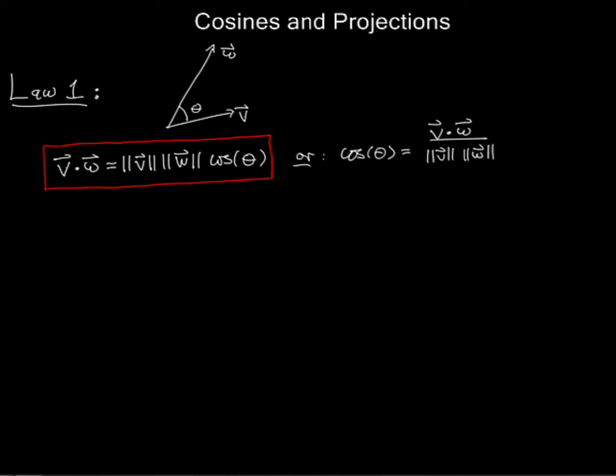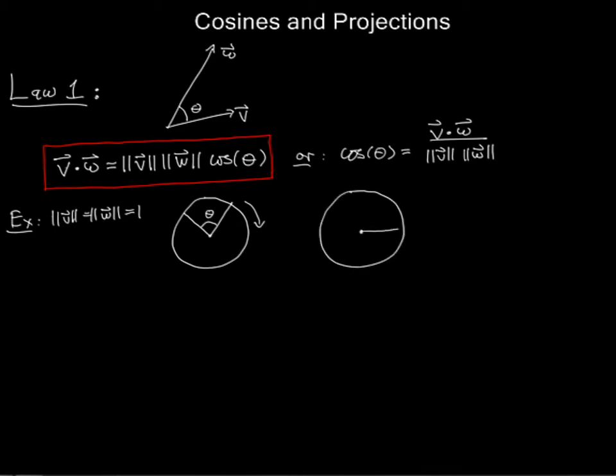The nice thing about this formula is on the right-hand side, it's just some basic linear algebra stuff, and that's telling you how to compute the cosine. So let's illustrate why this is true. Let's consider the case where both v and w have length 1, so they lie on the circle. And we may as well rotate them so that the first vector is over here at 1, 0.